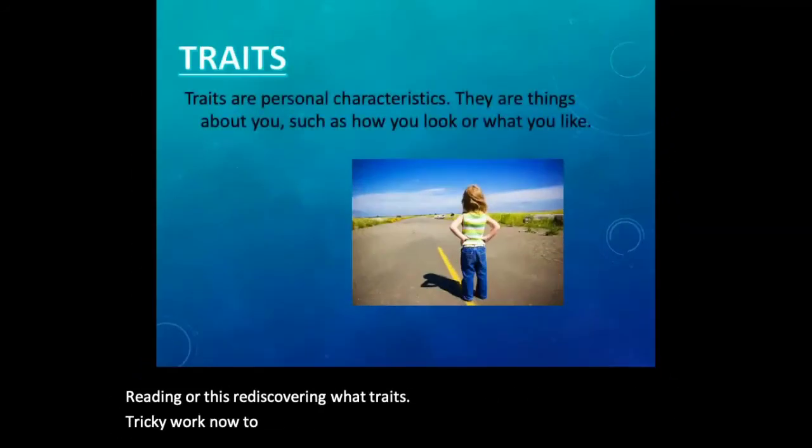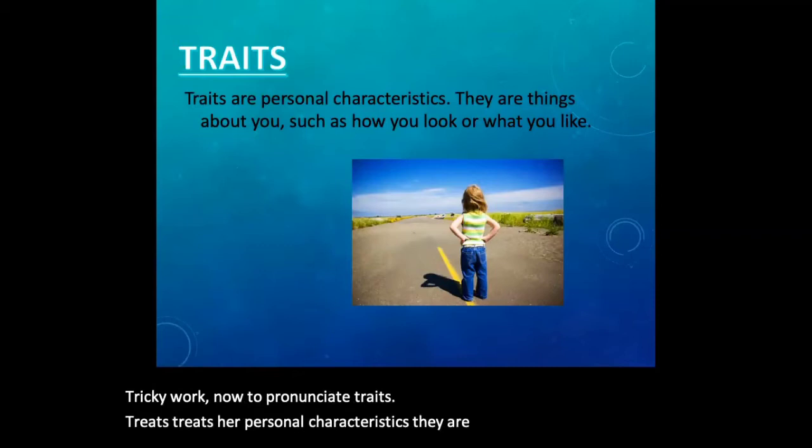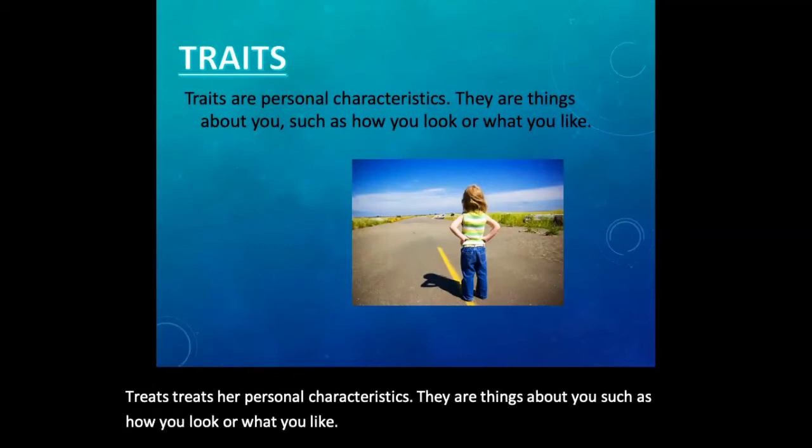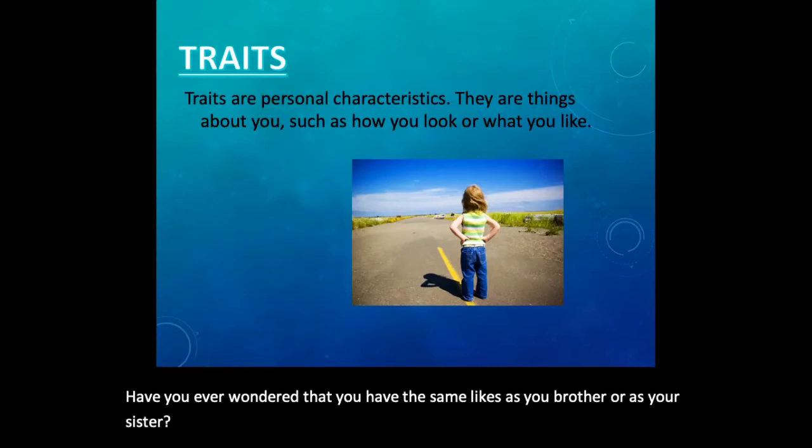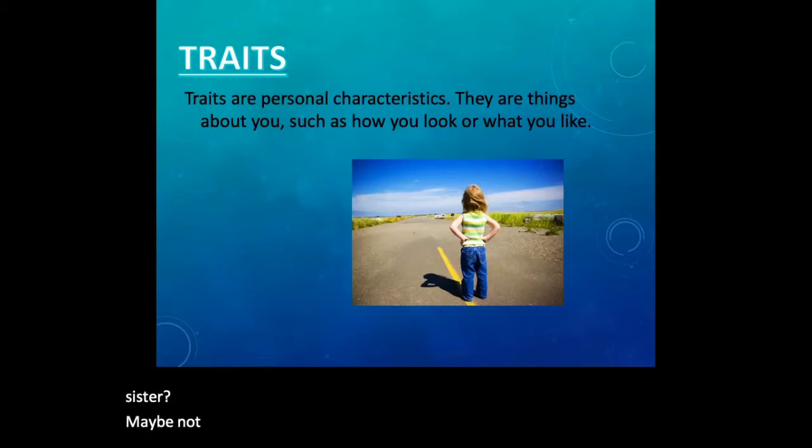Traits. Traits are personal characteristics. They are things about you, such as how you look or what you like. Have you ever wondered whether you have the same likes as your brother or your sister? Maybe not, right? But how about the same likes as your mom or your dad?